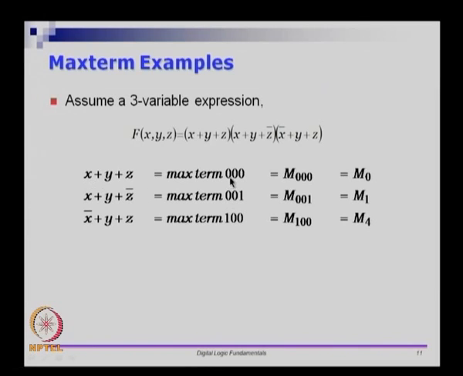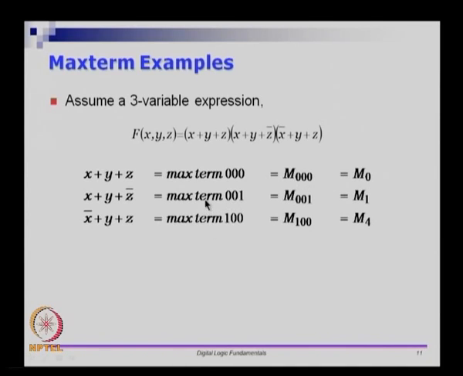For max terms we put 0; y is in the uncomplemented form, so again we put a 0, and z is uncomplemented, again a 0. So, this corresponds to the max term 0, 0, 0, and as a shortcut notation we use capital M to say max term and small case m for min terms. So, this capital M says it is a max term 0, 0, 0, and this binary number we use as a shortcut: M0, the integer 0, which stands for 0, 0, 0.